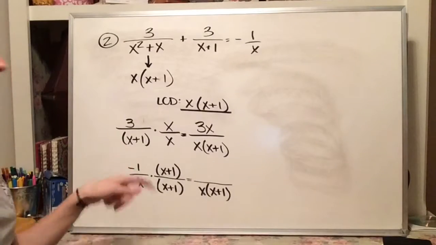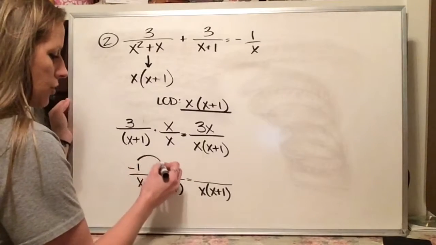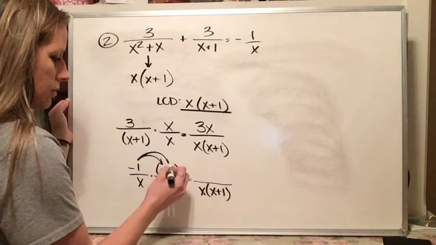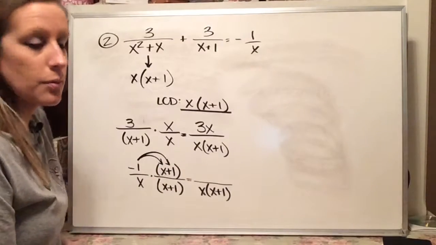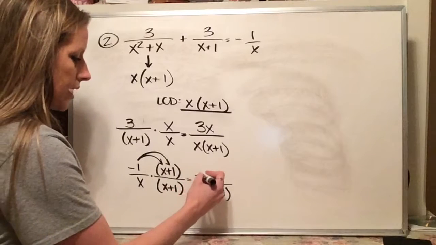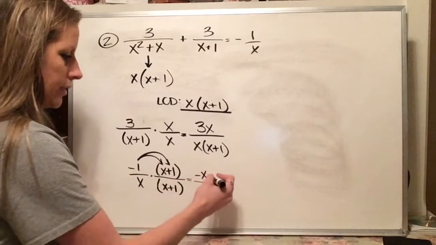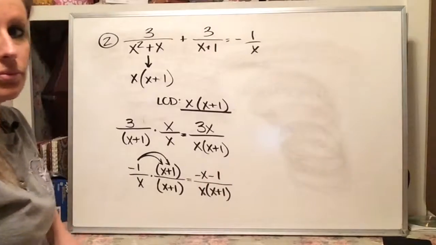So we have negative 1 times x plus 1. We're going to have to distribute that negative 1 to each term. So we have negative 1 times x, that's negative x. Negative 1 times 1 is negative 1.